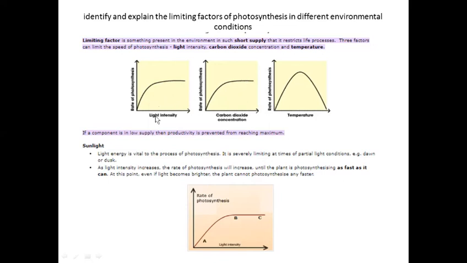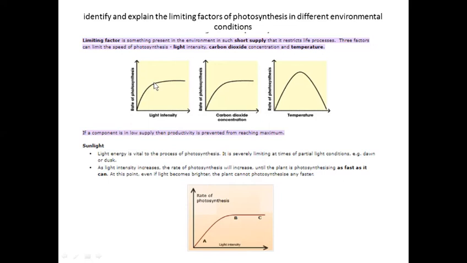Okay. Now see, light intensity is to be kept on the x-axis, and the rate of photosynthesis is to be kept on the y-axis. As the light increases, the rate of photosynthesis also increases. And at this point, the plant gets a sufficient amount of light.